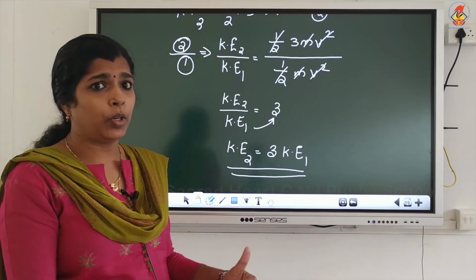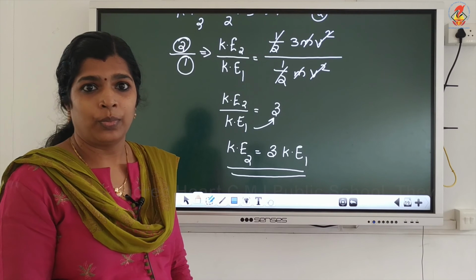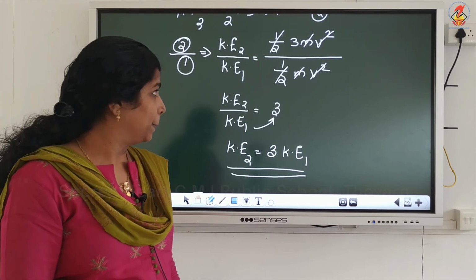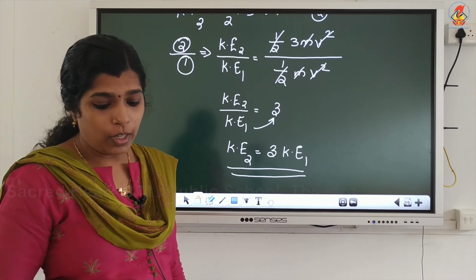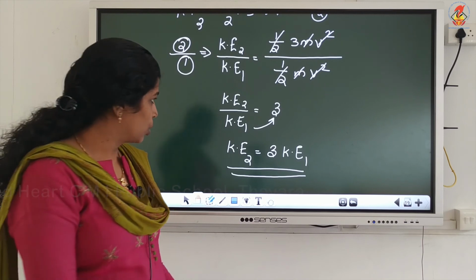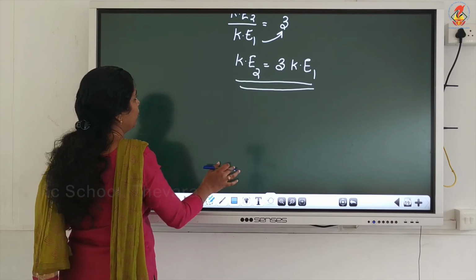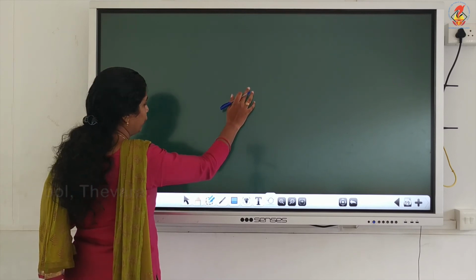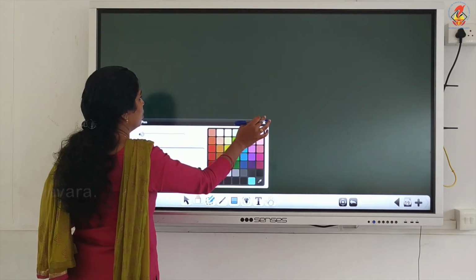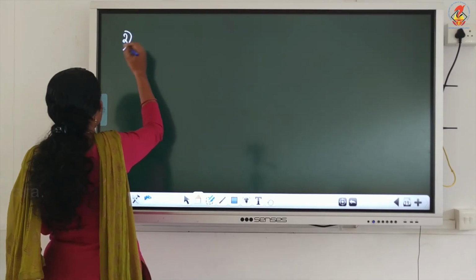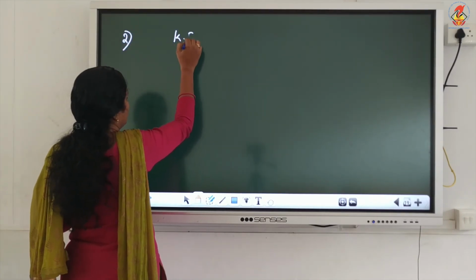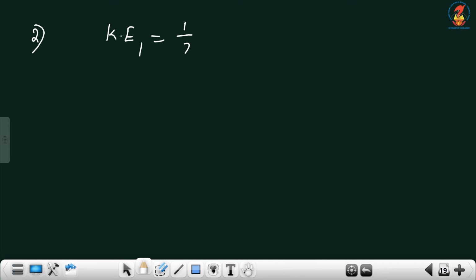Like this we did problems in gravitation, isn't it? The same way. Okay. So, we will do the next one also. That subdivision, velocity is reduced to 1/4. So, second subdivision, kinetic energy in the first case equal to half m v square.